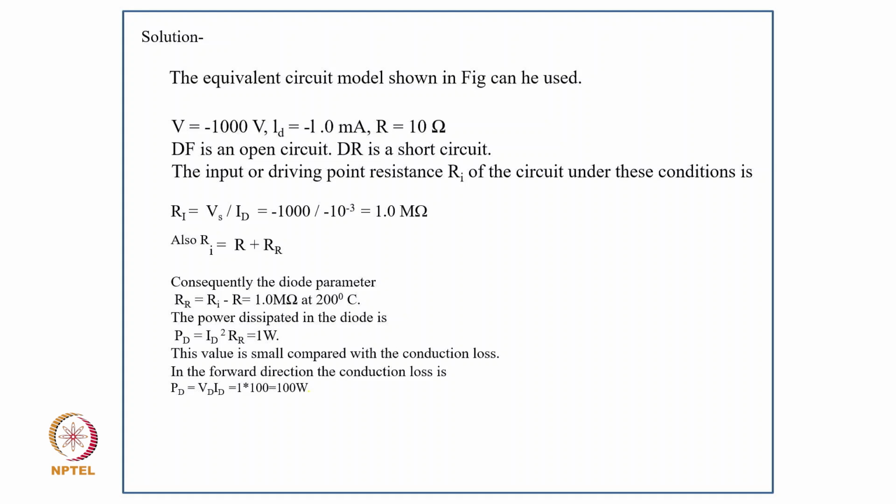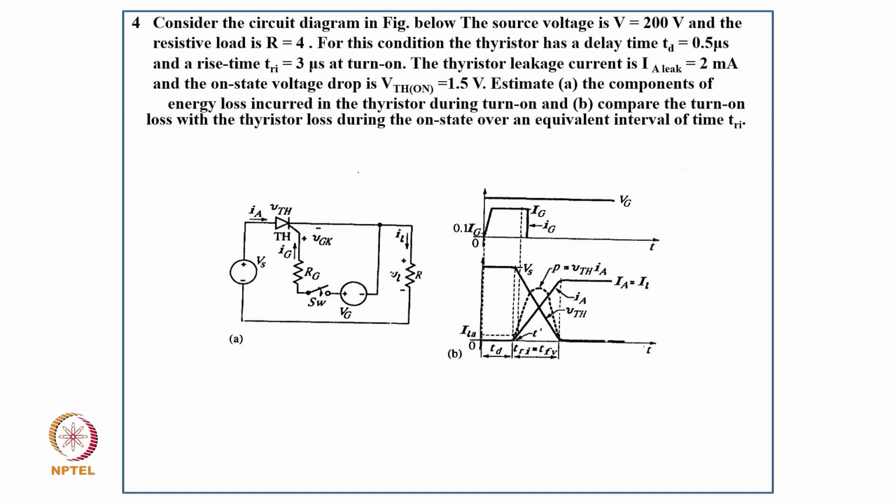Thus this value is small compared to the conduction loss. In the forward direction, the conduction PD equals VD times ID, that is around 1 into 100, that's 100 watt.